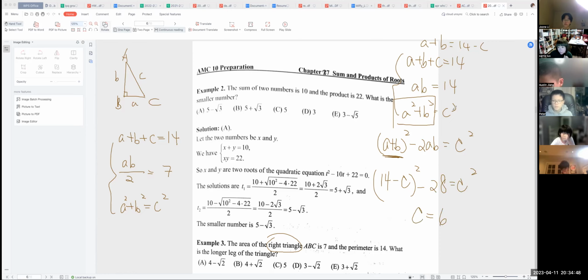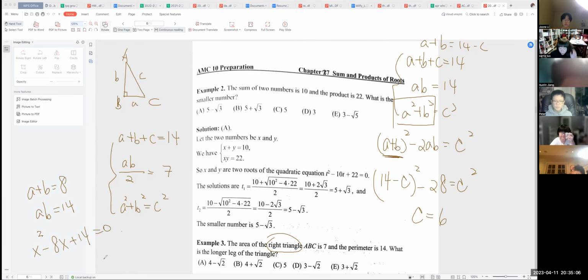Okay, so based on C equals 6, we have what? A plus B equals 8. A times B equals 14. So immediately we get another one: x squared minus 8x plus 14 equals 0, correct?